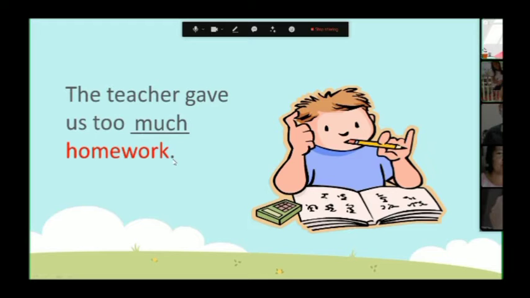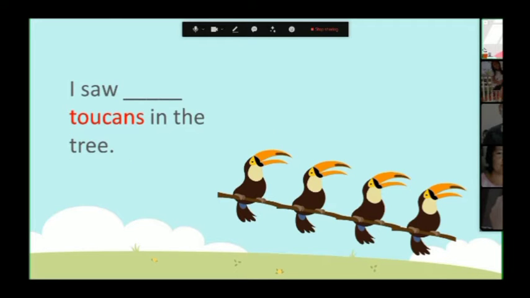Isn't it? So this is much, uncountable. Homework. Okay, we used it as uncountable. When countable, we add the letter S, homeworks, like that we can count. But this one, we don't have the letter S, so this is uncountable. Okay, next.